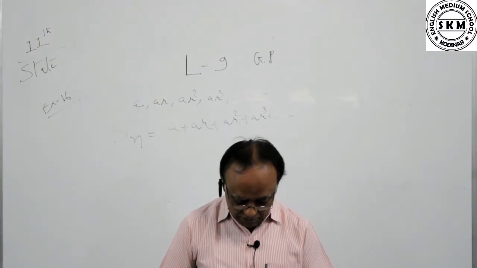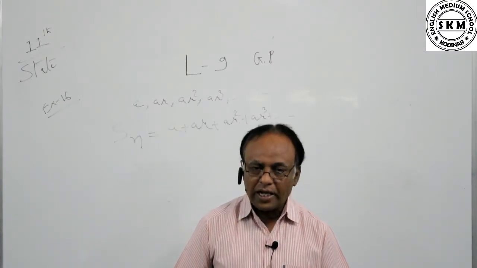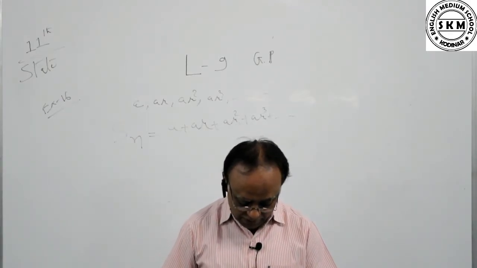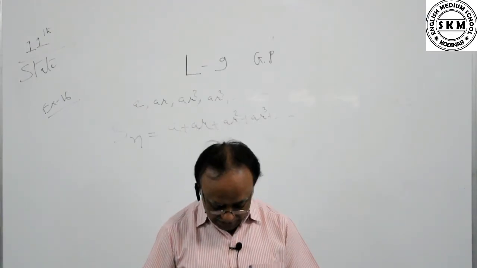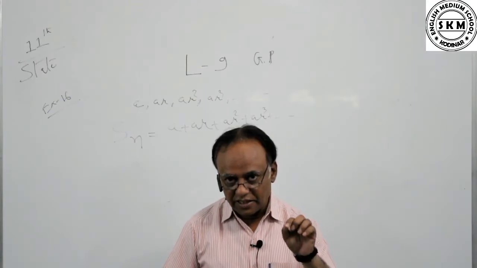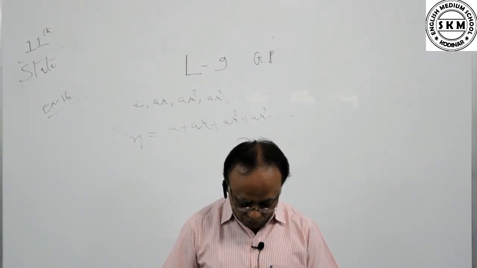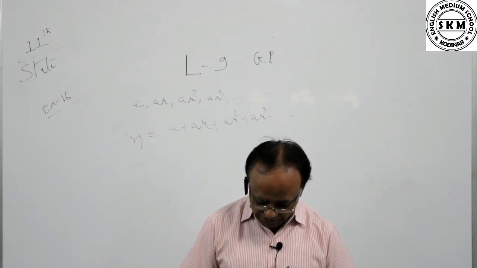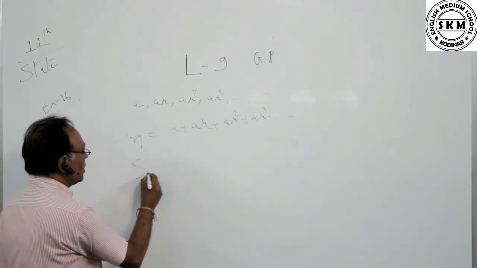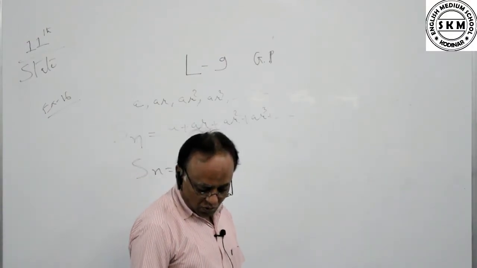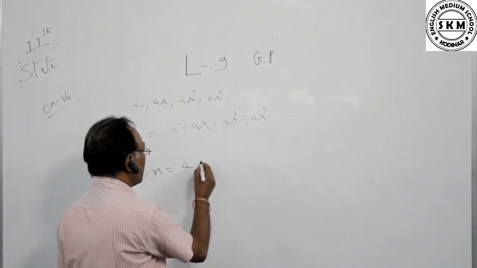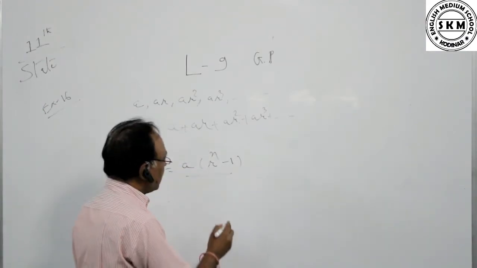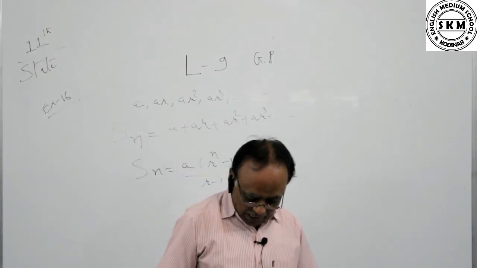Then Sn is equal to Na, where R is equal to 1, that is, when the ratio is given as 1, we can directly apply the Sn formula Na. And the fourth formula is the general format to find the sum of the series: Sn is equal to A into R raised to n minus 1 upon R minus 1, where R is not equal to 1.